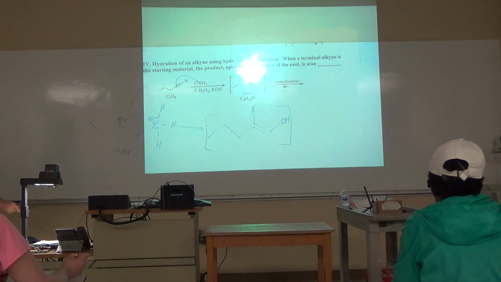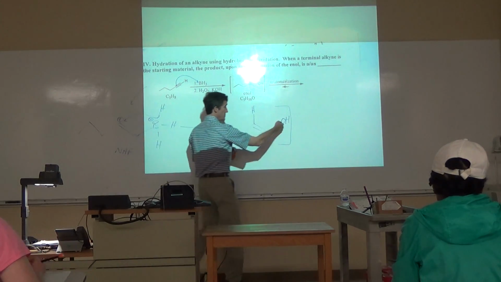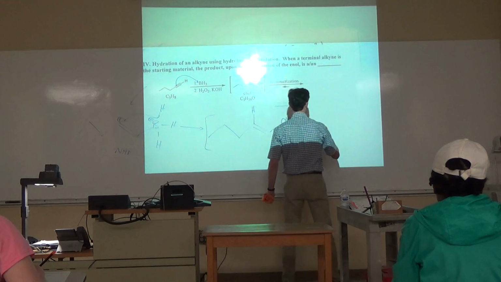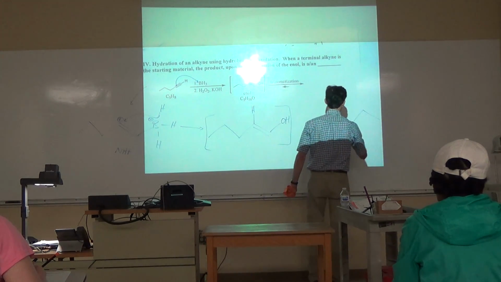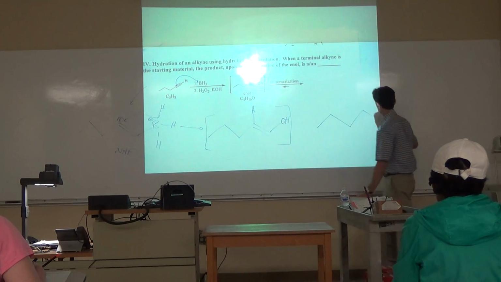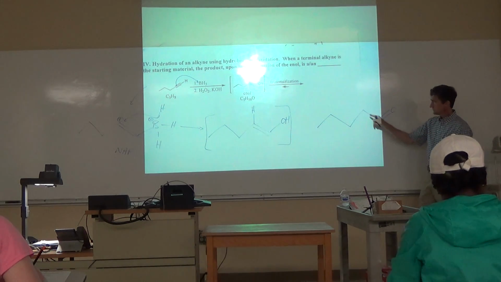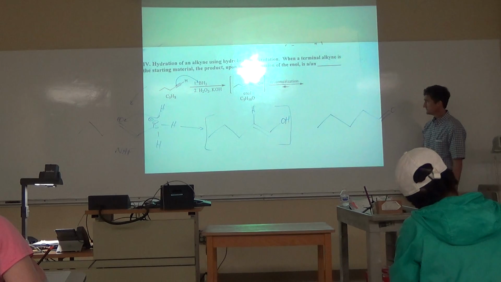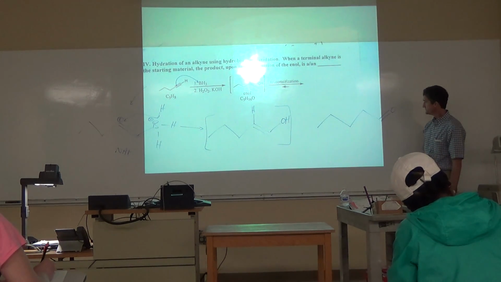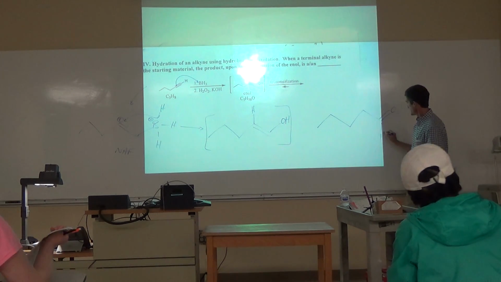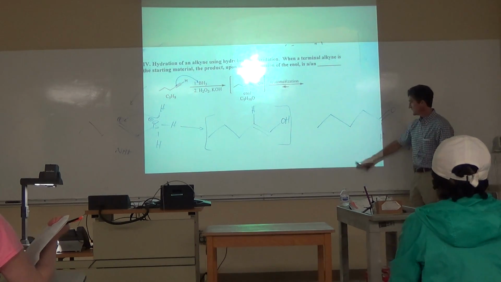A carbonyl would be a C double bond O. You want to put the double bond here. 1, 2, 3, 4, 5. Double bond here instead of there. Now, that's it right there, yeah?